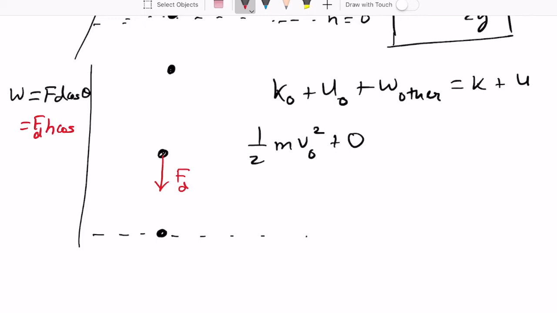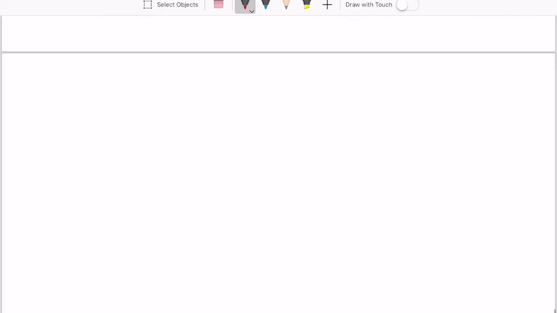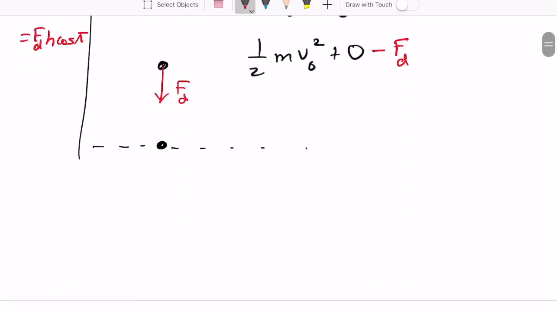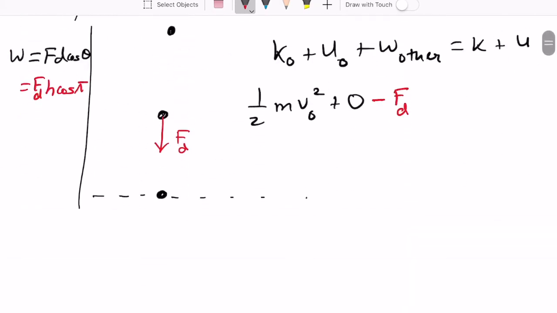The air resistance force points downwards, and so the angle between them is 180 degrees. I'll just write pi because I don't have room to write 180. And what is cosine of pi? It's -1. So the work done by the air resistance force is minus Fd multiplied by h.